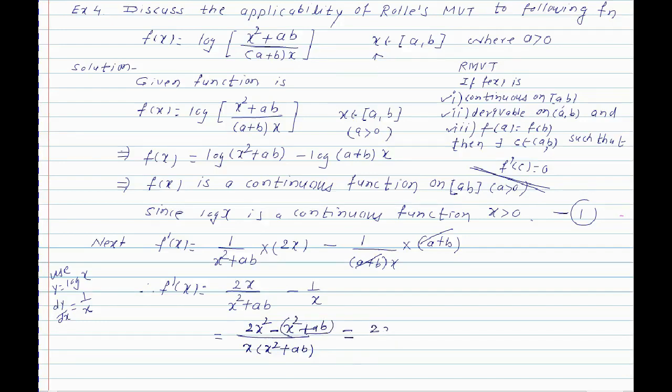So we get twice x square minus x square, which is x square, divided by x into x square plus a into b.